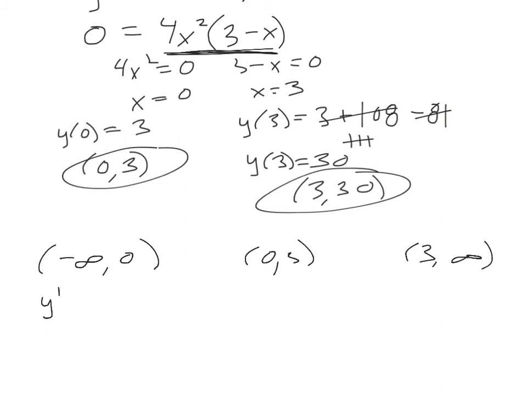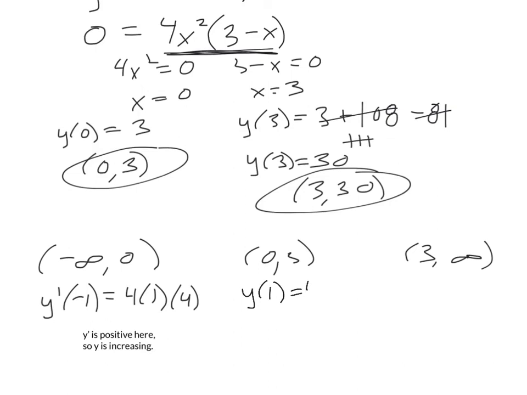When I do y prime of negative 1 and plug this in up there, I'm going to get 4 times positive 1 times 4. This is clearly positive, and so we write, because the derivative is positive, our function is increasing here. Continuing on to the others, here I'm going to test 1.